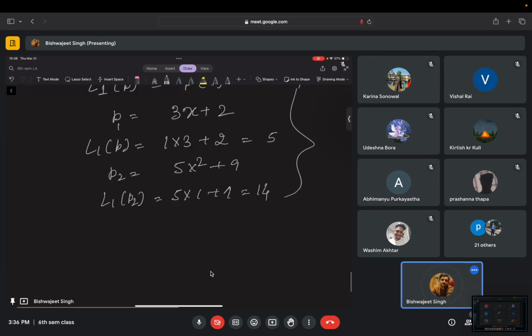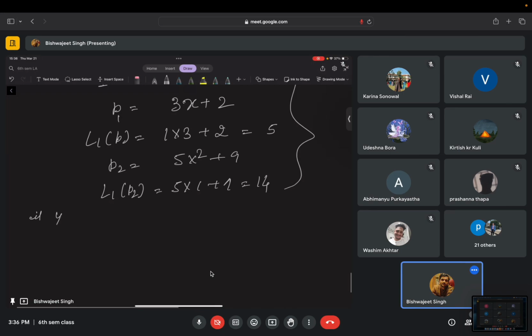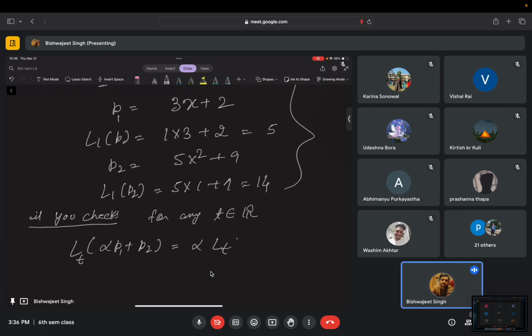So if you check, for any t, if you try to find L_t of alpha p1 plus p2, this is actually going to be alpha times L_t of p1 plus L_t of p2.